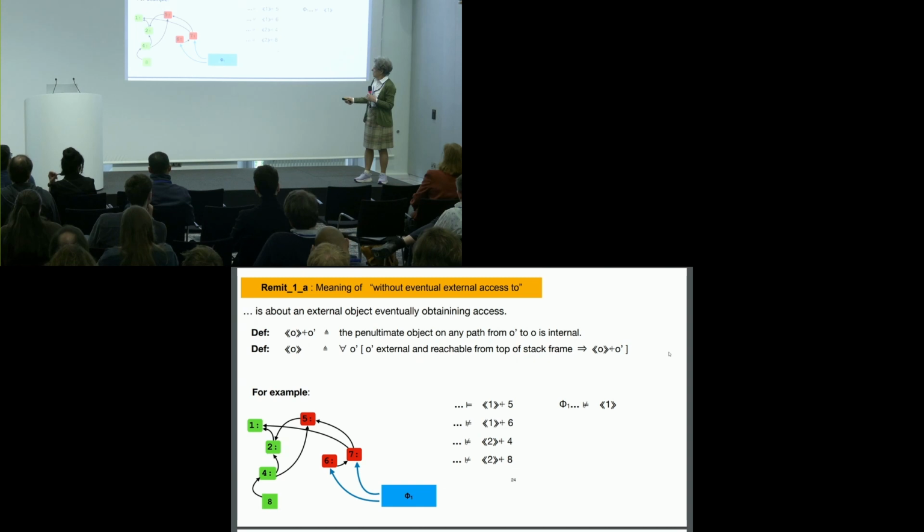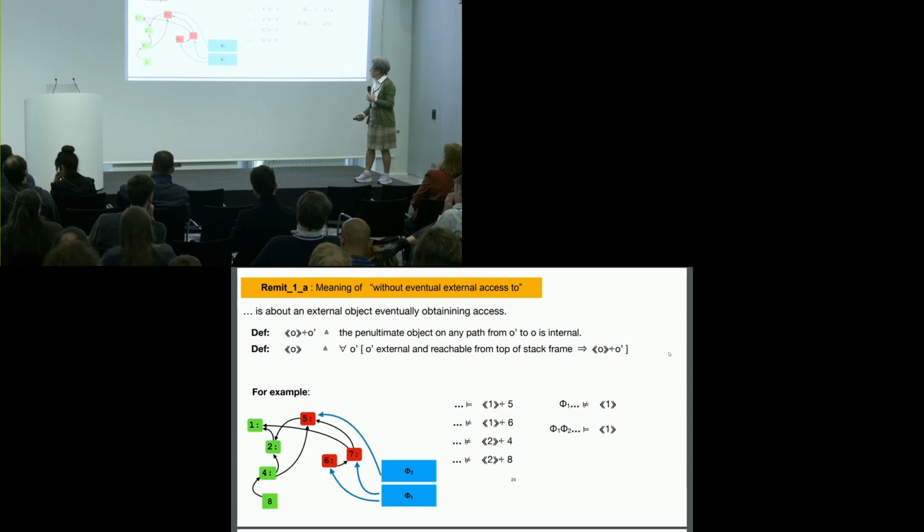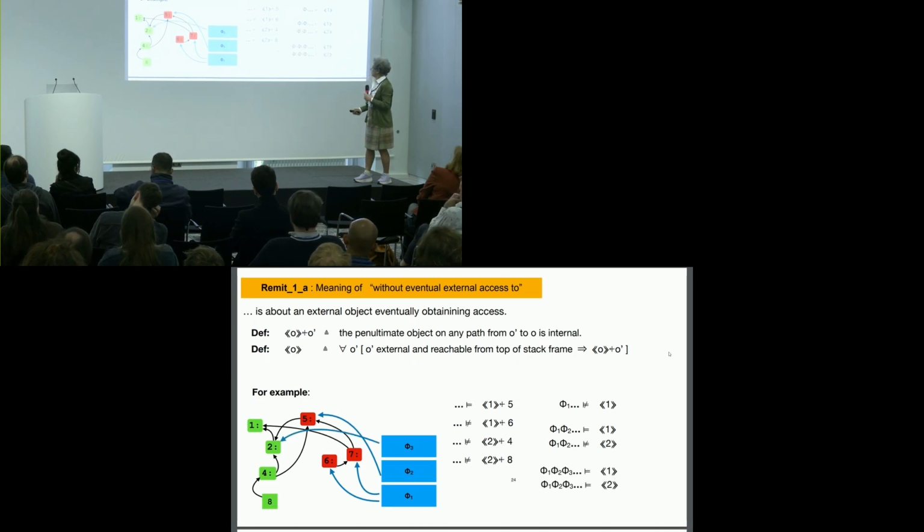So in this frame, 1 is not protected because I can go in an unprotected way from 7. However, if I push more frames, like here, I have got one more call, now 1 does become protected. And 2 was not protected, but if I push one more, then it is protected.